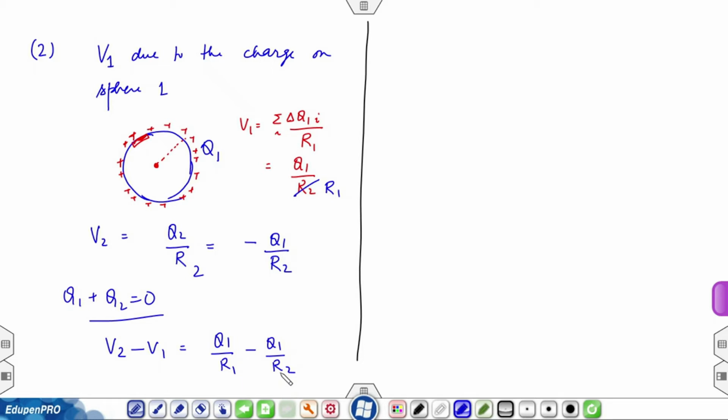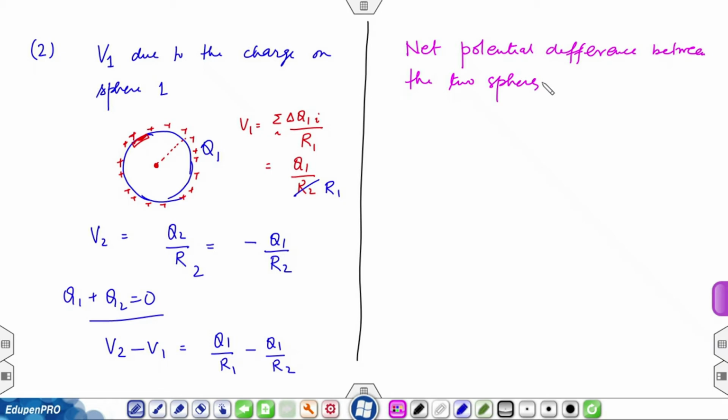So, the net potential difference between the two spheres is going to be minus E dot R1, that was R2 I think, plus E dot R1 plus Q1 over R1 minus Q2 over R2, and this should be 0.